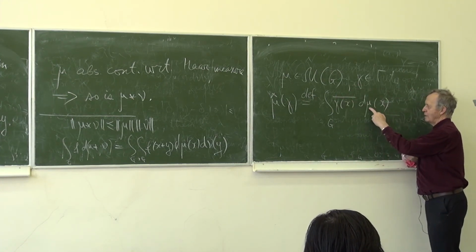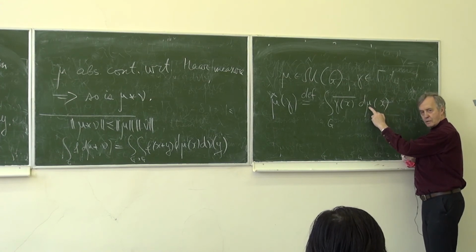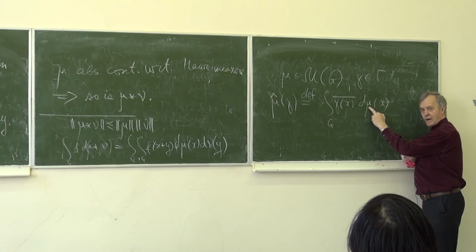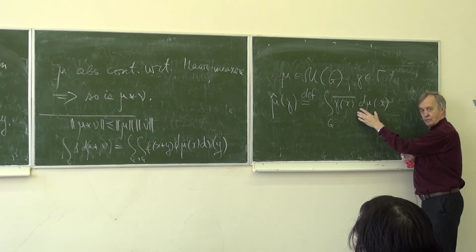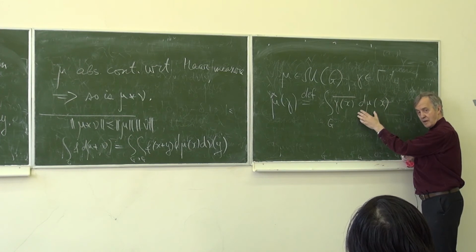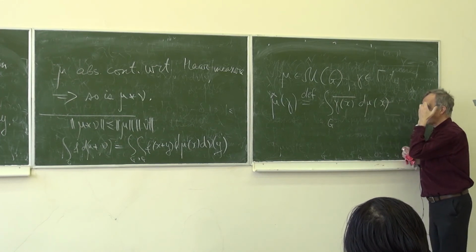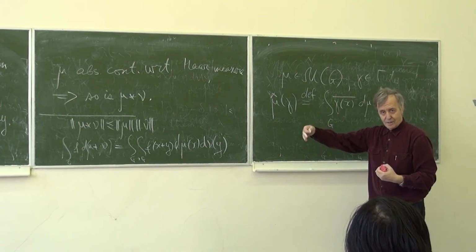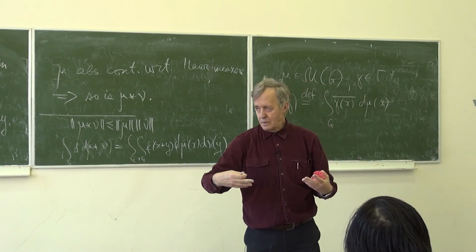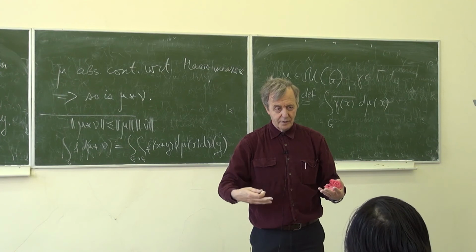So again, if mu is absolutely continuous, we obtain simply the Fourier transform of the density of the measure mu. If mu is absolutely continuous with density f, then we obtain the Fourier transform of this density. So this formula simply extends the Fourier transform from L1 to this algebra of measures.